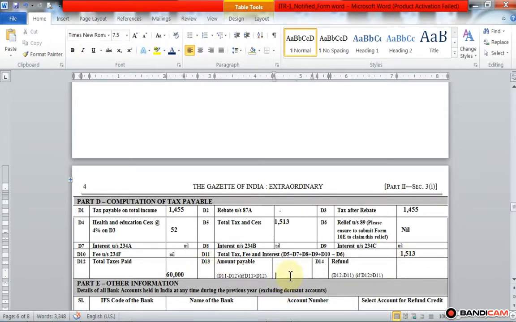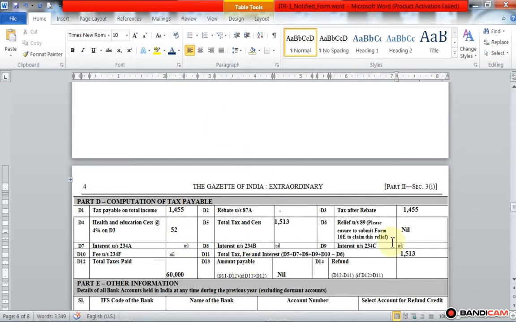It means tax is refundable to the SSC. So amount payable is nil, because the SSC has paid excess tax. Okay, actual tax is rupees 1,513. So for the refund, deduct the tax from 60,000.